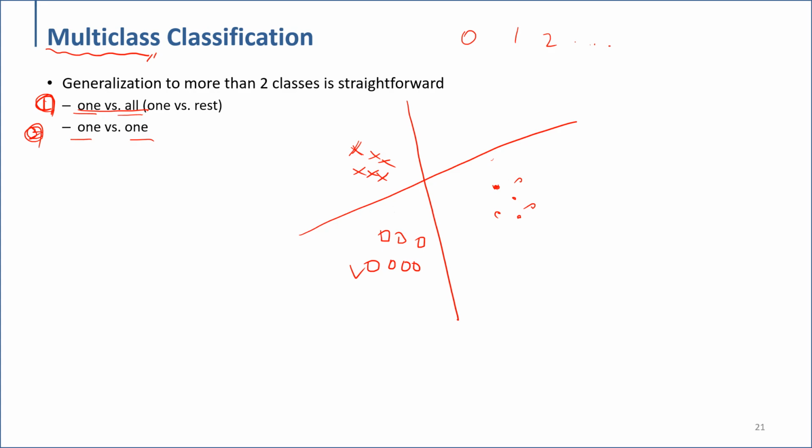And the third case is ignoring this data, so you may find the decision boundary that can divide this one and this one. By keeping on doing this, you can find the decision boundaries. So that is the expansion of binary classification into multi-class classification.